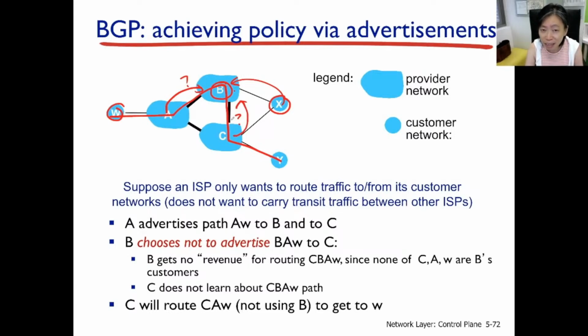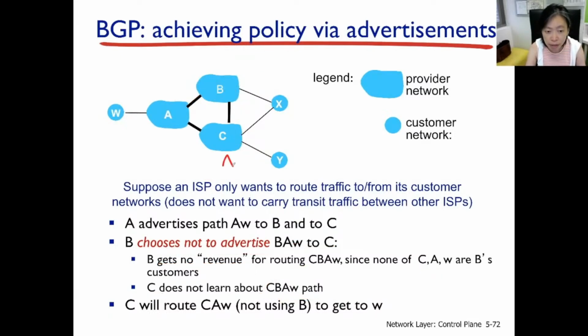Well, based on the setup of the problem, W, A, C are not paying B, and yet B would be using its network resources to transit the traffic for B and C. So B gets no revenue for this route, BCAW, because C and A, based on the scenario setup, are not paying B. So B chooses not to advertise BAW to C so that C does not discover this path, and therefore does not use this path to send traffic.